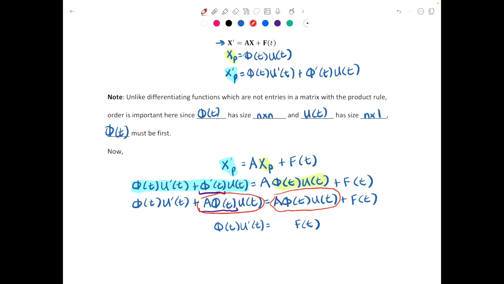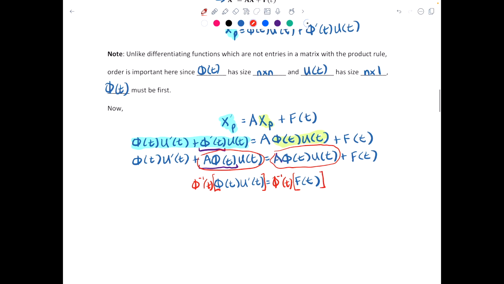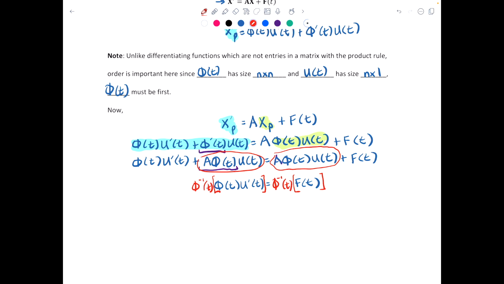Now we know that the inverse exists for phi at t. And so we'll multiply by the inverse on the left side of each expression, and then we will get a result of the identity matrix. Well, the identity matrix times any matrix is that matrix.